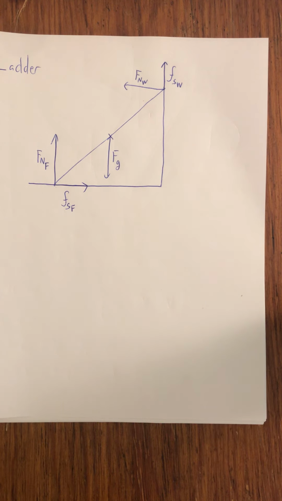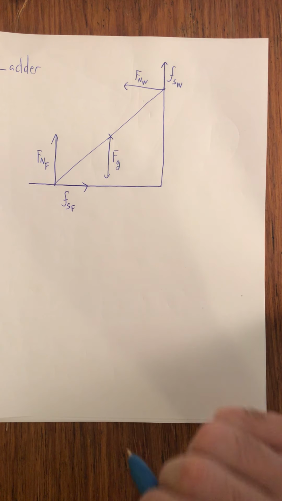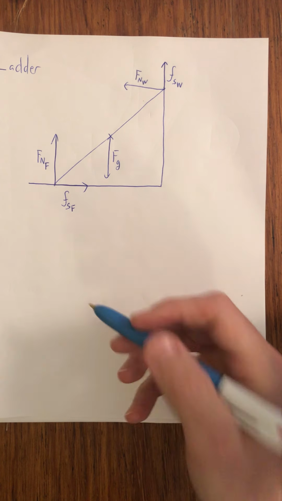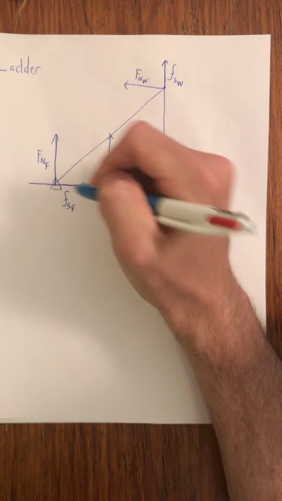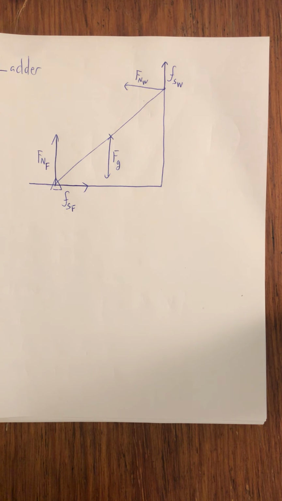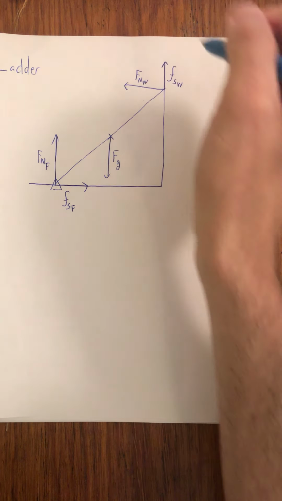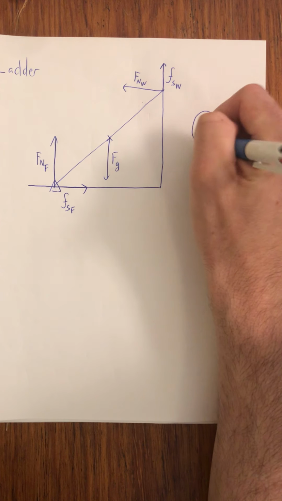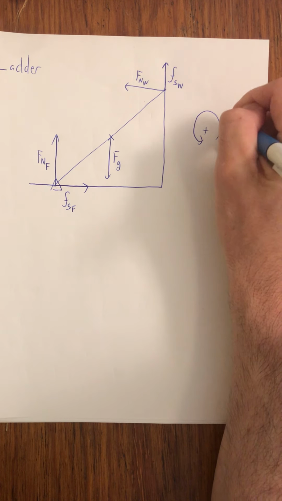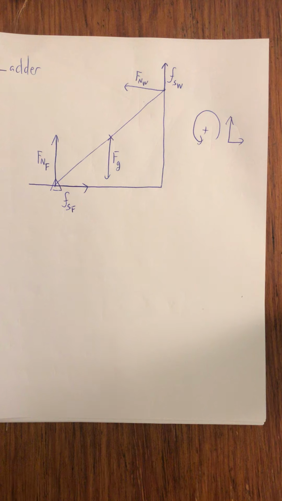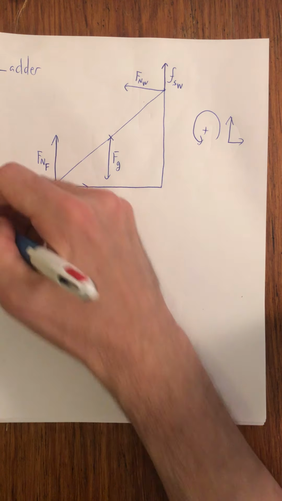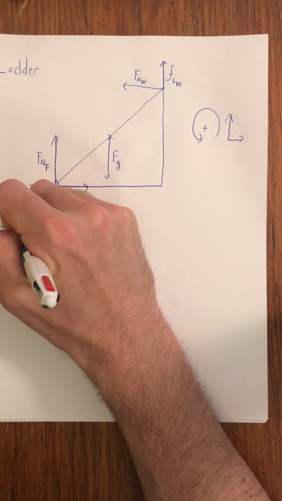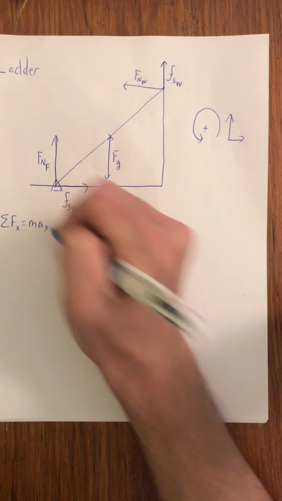But here we go. We're still only going to be looking at this problem while the ladder is in static equilibrium, which means that we can pick a hinge and know that that hinge isn't going to change. So I'm going to pick there. So what does this look like then? Well, if I say normal up to the right and counterclockwise are positive, we can see what's going on. Sum of forces in the x direction is equal to max.